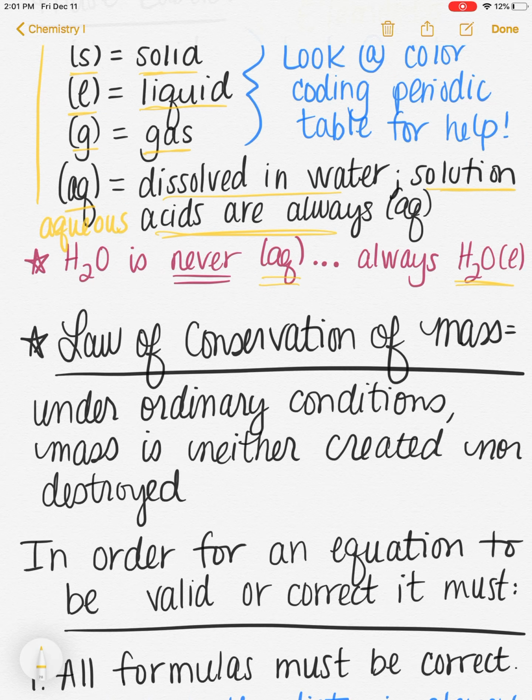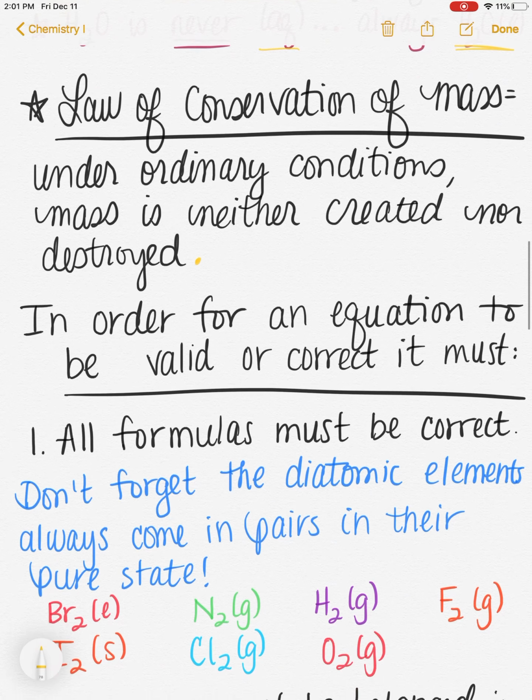All right, the next big item that we have to review is the law of conservation of mass. The law of conservation of mass says that under ordinary conditions, mass can neither be created nor destroyed. So you have to start and end with the same total amount of atoms and stuff that you began with.